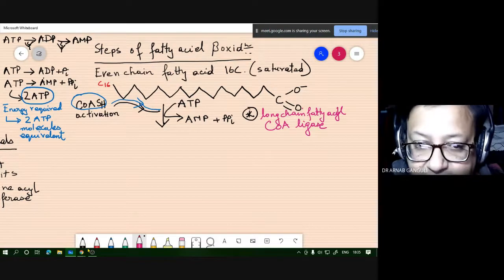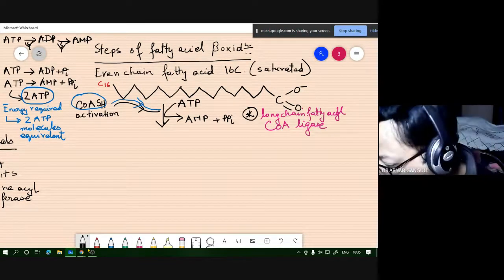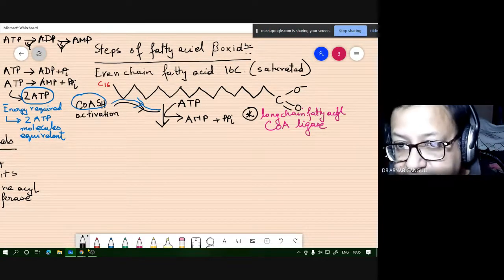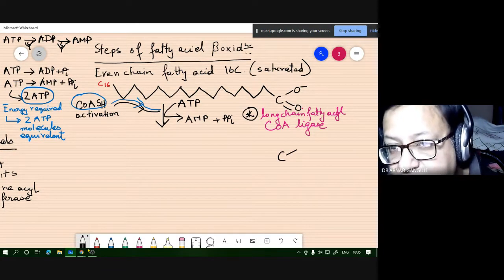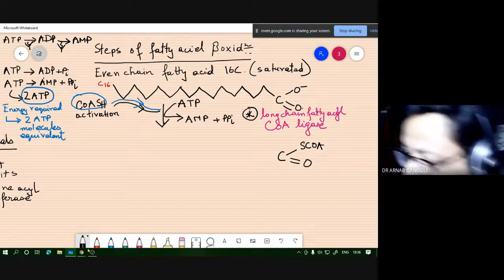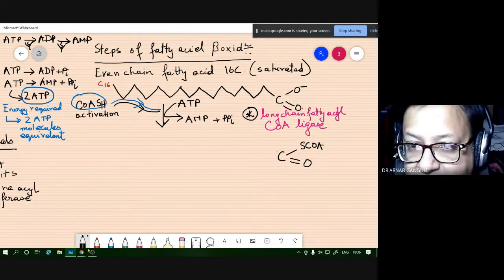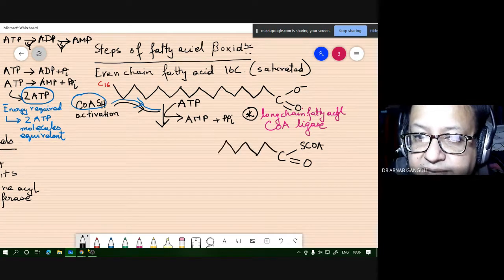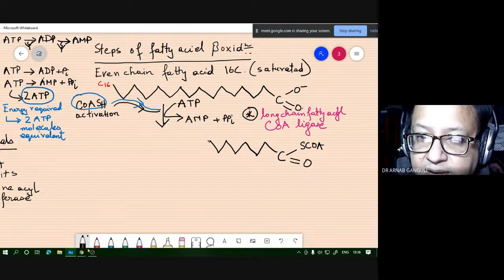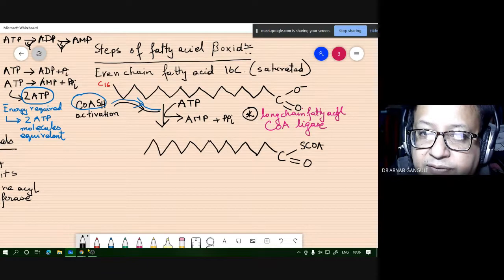Now, what does it do? It converts this into SCoA. Instead of this, it becomes like this over here and this double bond remains. This is fatty acyl. Then again, 1, 2, 3, 4, 5, 6, 7, 8, 9, 10, 11, 12, 13, 14, 15, 16.